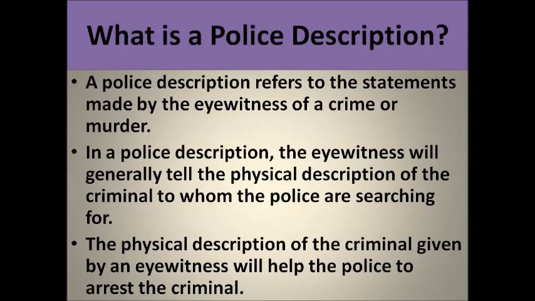The physical description of the criminal given by the eyewitness will help the police to arrest the criminal. So, a police description is the narration made by an eyewitness about a particular incident, about a particular crime, so that the police will be benefited in the investigation of that crime. A police description helps the police to make a sketch of the criminal.